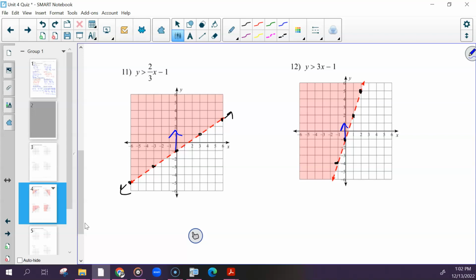Again, it was coincidence that these were all shaded above, that 2 were solid and 2 were dashed. It just depends on the problems. Questions on any of those?